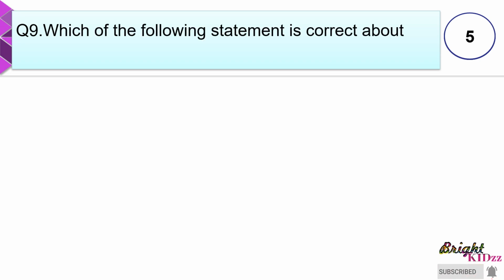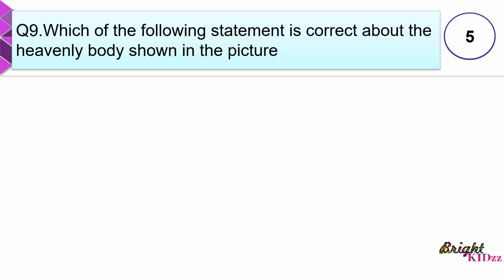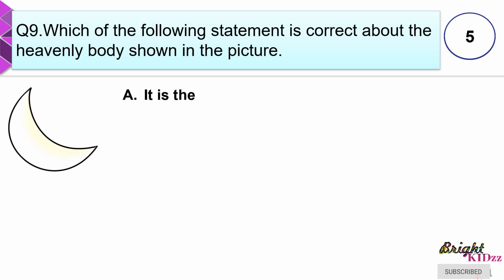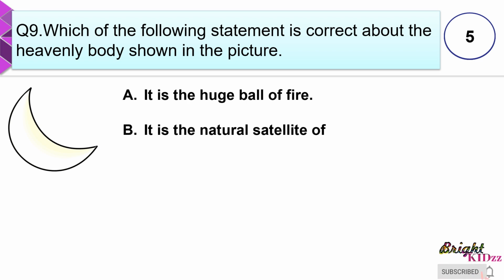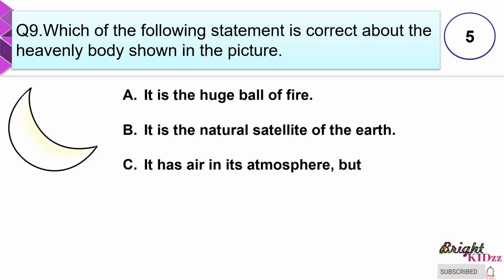Which of the following statements is correct about the heavenly body shown in the picture? A. It is a huge ball of fire. B. It is the natural satellite of the earth. C. It has air in its atmosphere, but it does not support life.